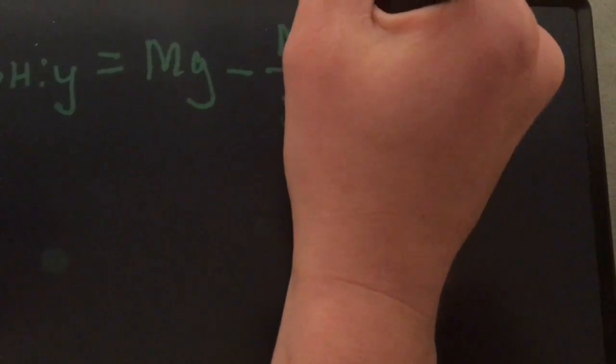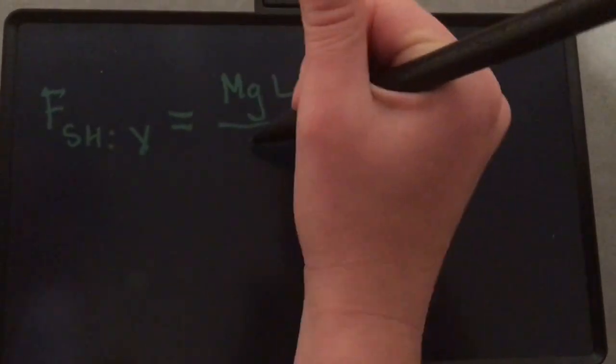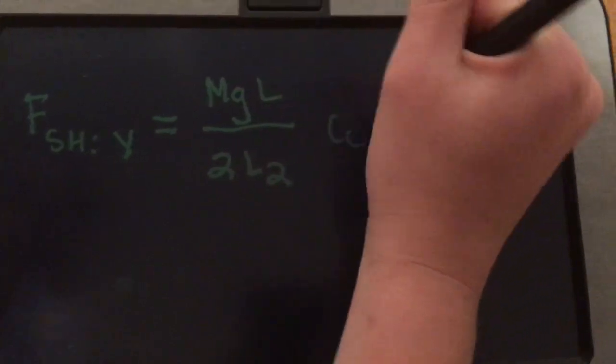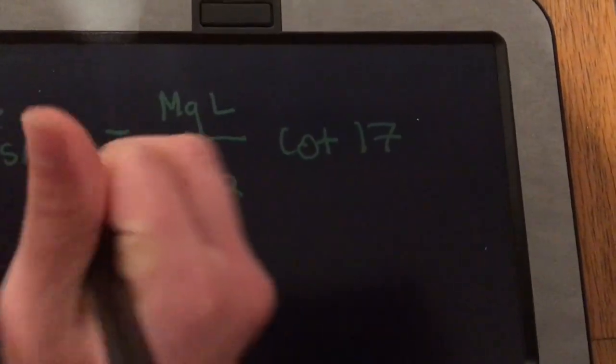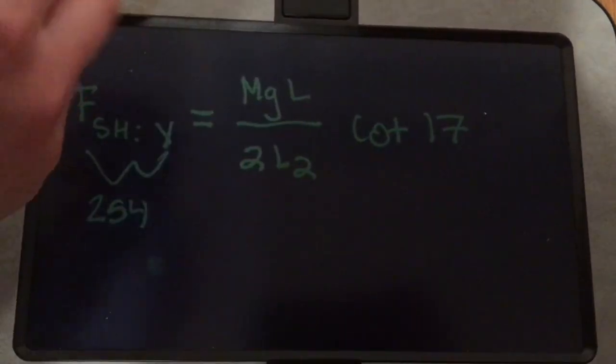So, F scapula humerus, y direction, equals mg minus mg times L over 2L2. Now we are going to do the force of the scapula on the humerus in the x direction, which is going to equal mgL over 2L2 cotangent 17, which has to equal 254. Do you think we can do it, Dina? I think we can.